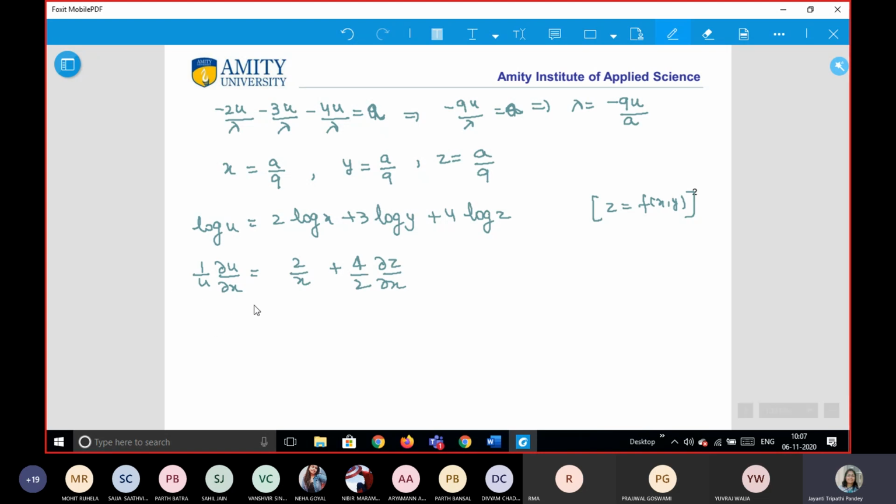Now again differentiate this. Is this okay? And what was del z by del x? Just equate it to 0. Next part will give you what? I'm doing this.